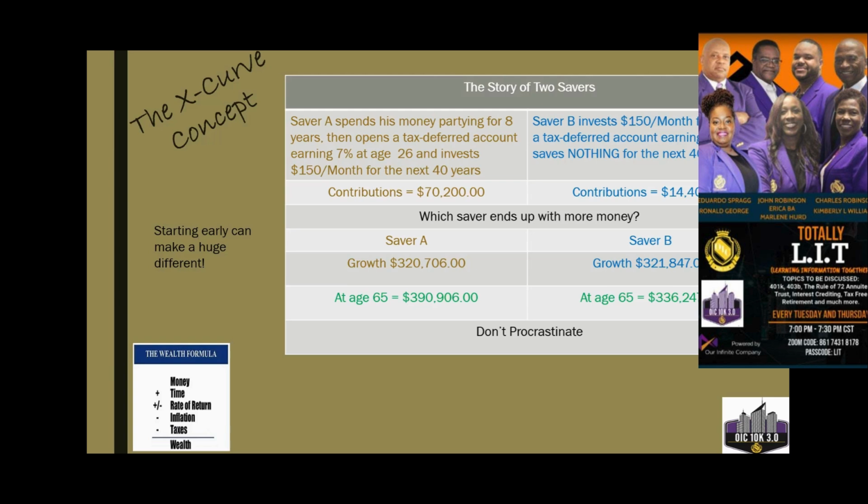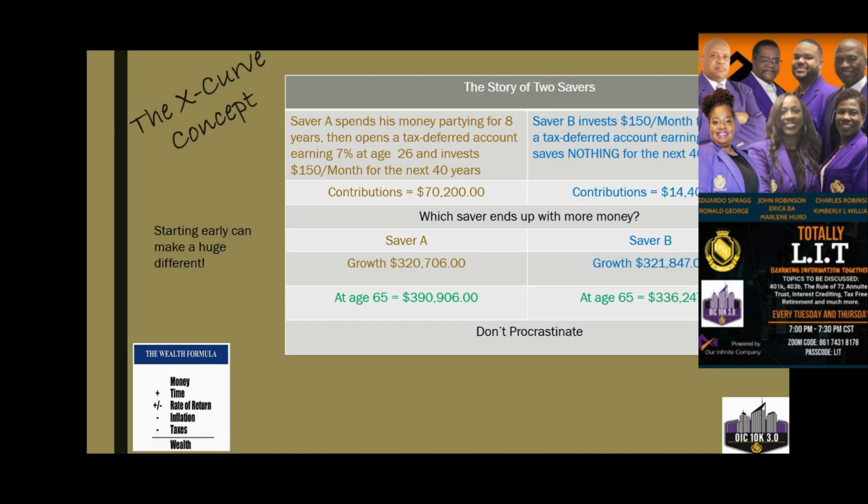Well, which saver ends up with more money? And I know you probably already jumped to what they accumulated at age 65, but I want you not to discount the growth because Saver B only saved for 8 years, but Saver A, it took him 40 years to build that account. And it's only a couple of thousand more that he has at age 65.